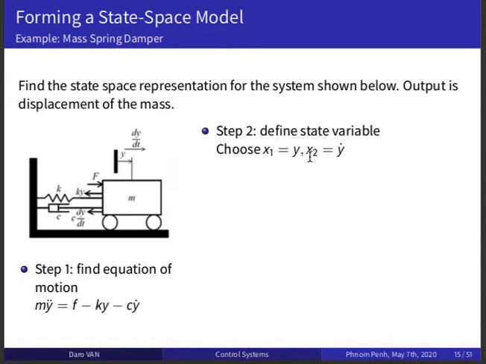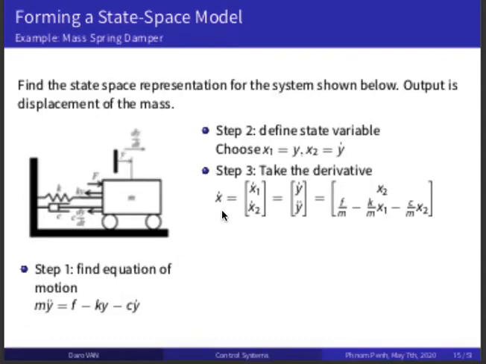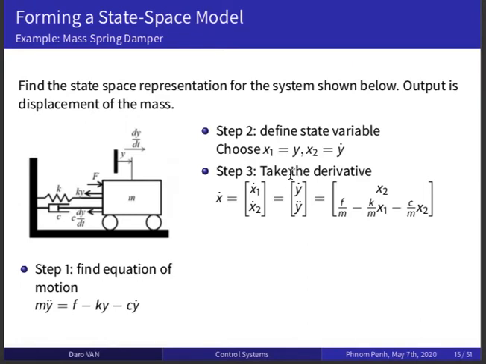Step number 2 is to define the state variables. So you choose x1 and x2. This is exactly the same as the previous example, but that one was only a differential equation. I simply showed you the differential equation, but here you have the parameters, for example mass, force, k and c. And then take the derivative. If you take the derivative of x1 and x2, you will have x1 dot, which is just x2 here, and y dot dot can be obtained from this.